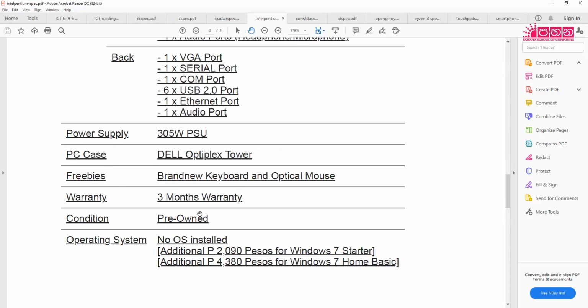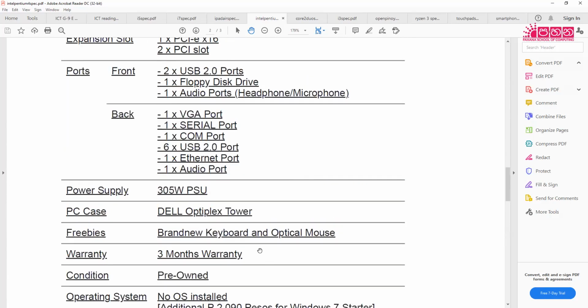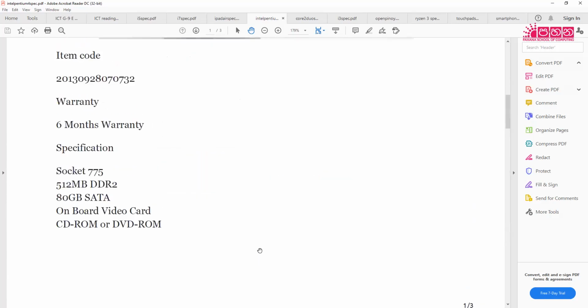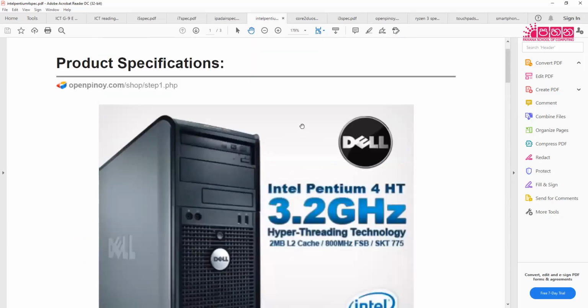The case, what do you get free? Freebies means when you purchase a computer, you are getting a brand new keyboard and optical mouse. Then warranty and the condition, right? Sometimes it says pre-owned, which means this is a used computer. Although it's given, you see the warranty is less here, 6-month warranty, because it's not new, it's a used one.